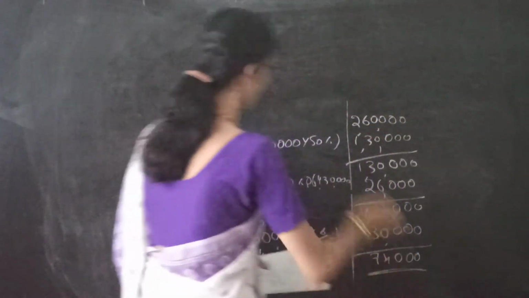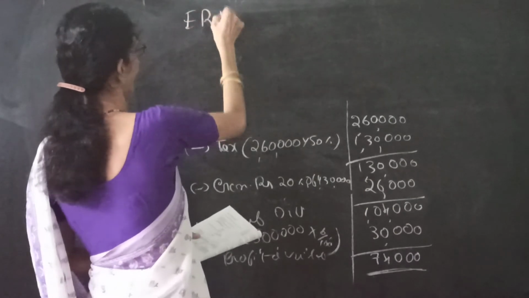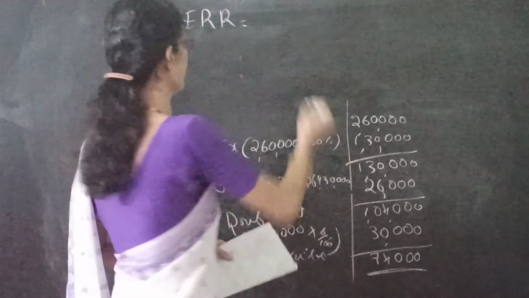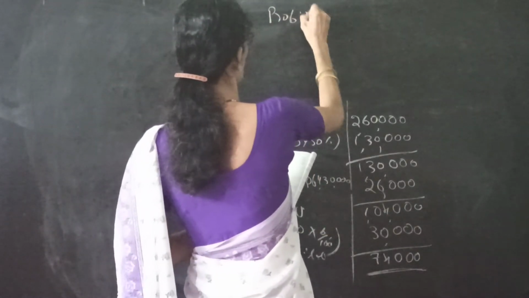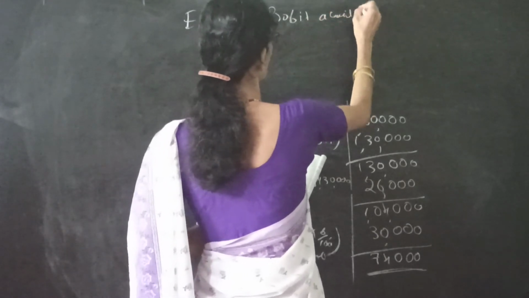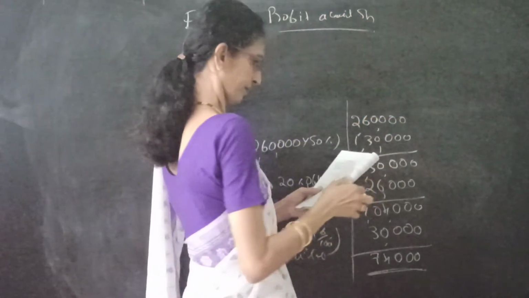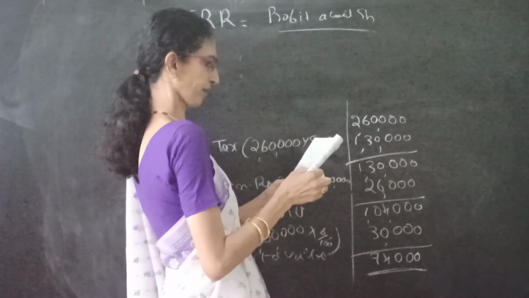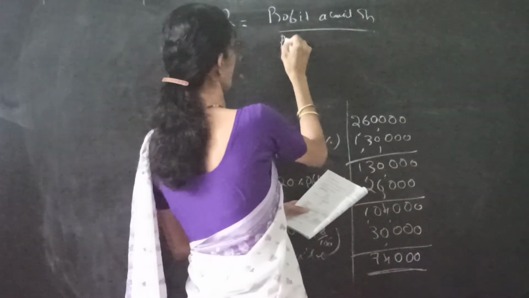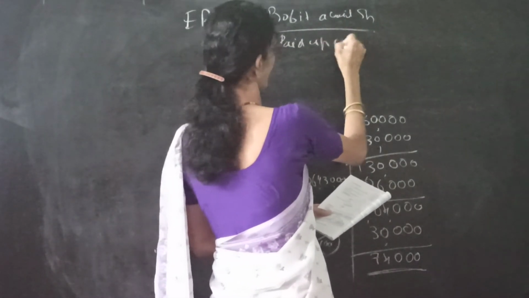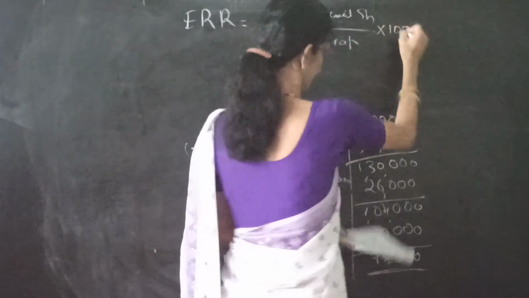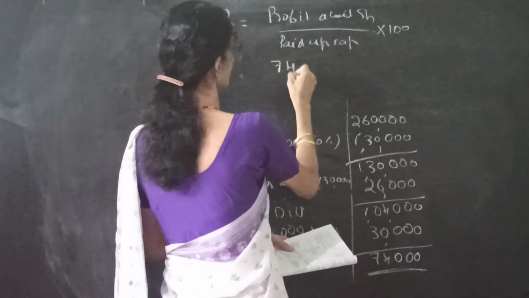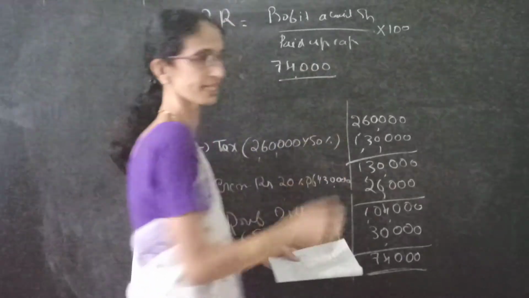Second step we have to calculate the ERR. Expected rate of return is equal to profit available to shareholders divided by paid up capital into 100. So available shareholder profit is 74,000. We already calculated.